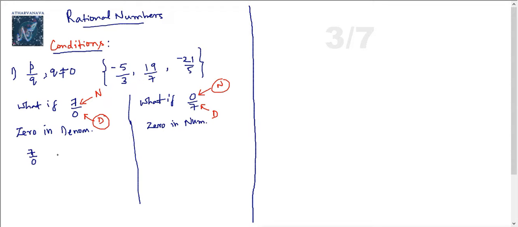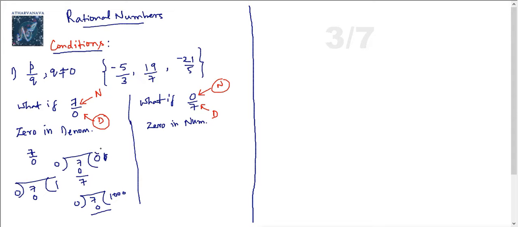If it was any number, what do you do? You write 0 here and 7 inside, because this is the dividend and this is the divisor. 0 how many times? 7 zeros are 0, so I will write 7. Again, 0 ones are also 0, I can write that. Here, 0 zeros are 0 only, 0 ones are also 0 only, 0 times 1000 also 0 only.